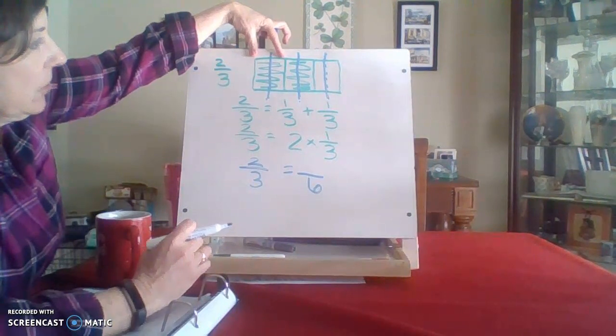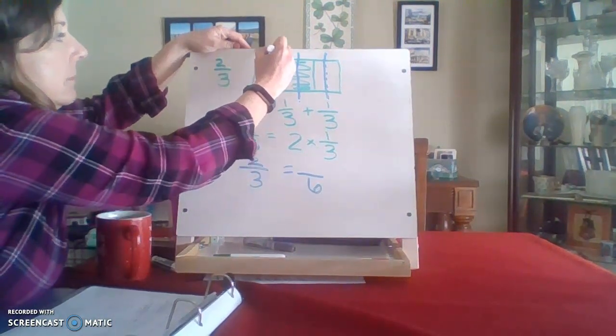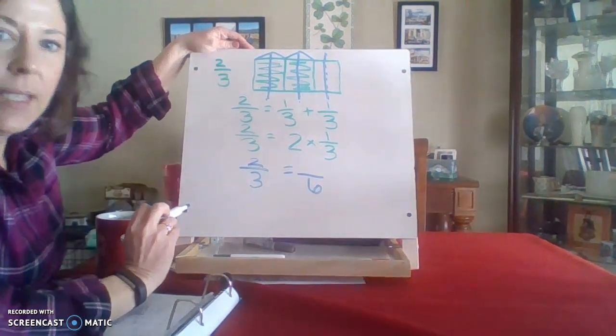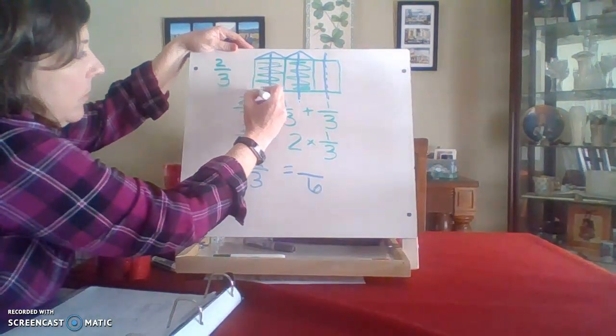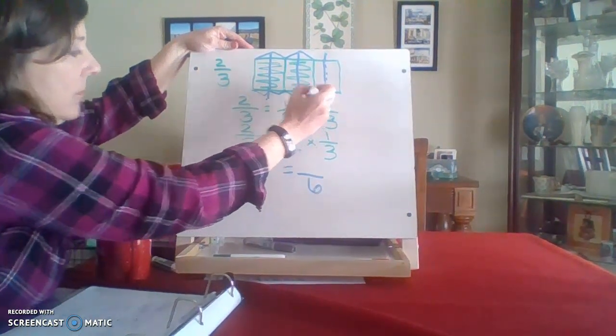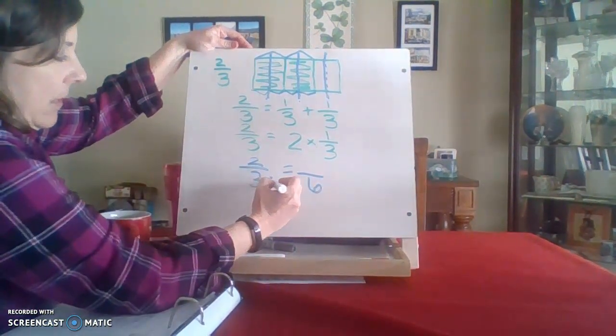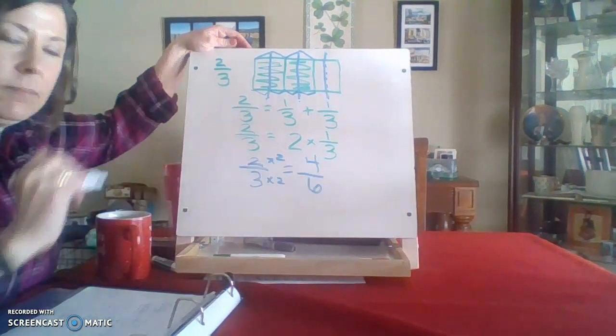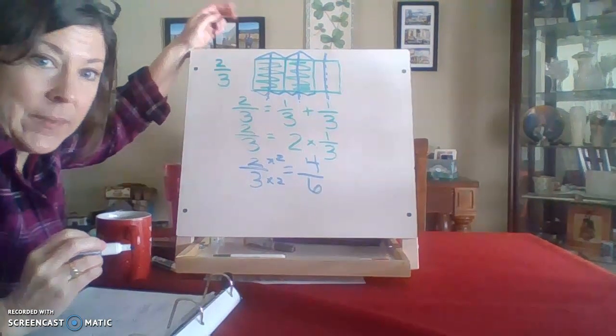Here are my thirds, 1, 2. Here are my sixths, 1, 2, 3, 4. 2/3 is equal to 4/6.